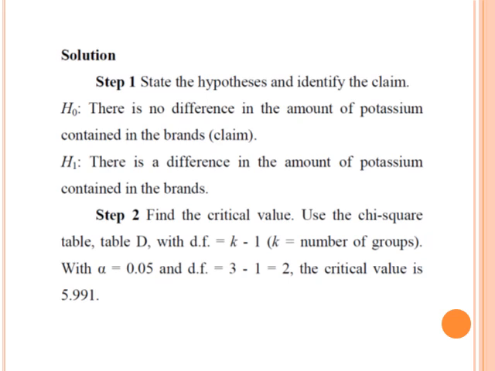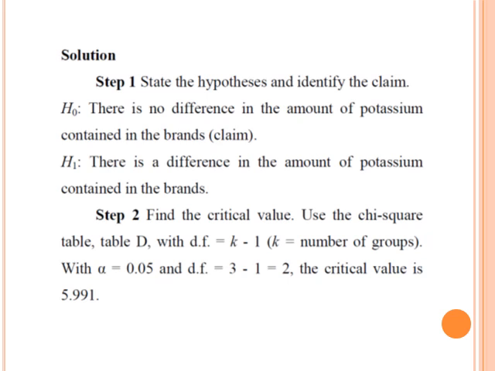Step 1, we state the hypotheses and identify the claim. We have the null hypothesis and the alternative hypothesis. The null hypothesis is that there is no difference in the amount of potassium contained in the brands. This means that the 3 brands have the same amount of potassium. And this is the claim, because the claim he wants to test is that the 3 brands are equal.